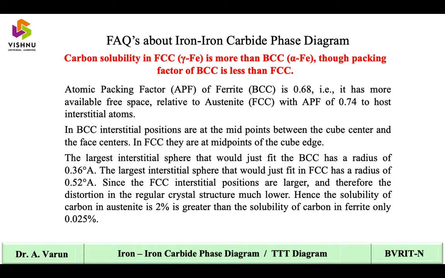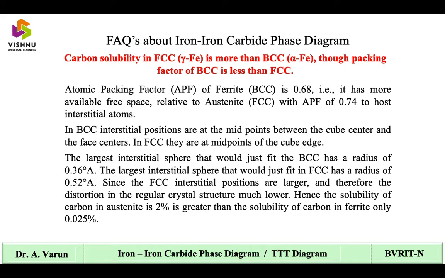It is like you are trying to fit a carbon, which has 0.66 Angstroms of atomic radius, into BCC and FCC structures, where the maximum radius in BCC is just 0.36. So the regular crystal structure will distort much more in BCC.